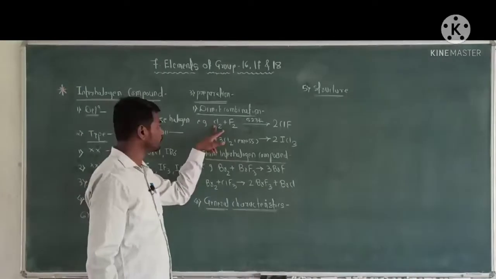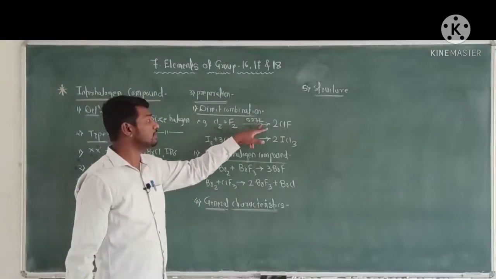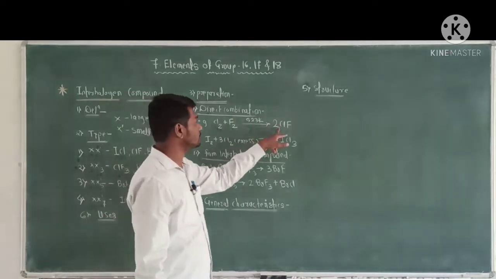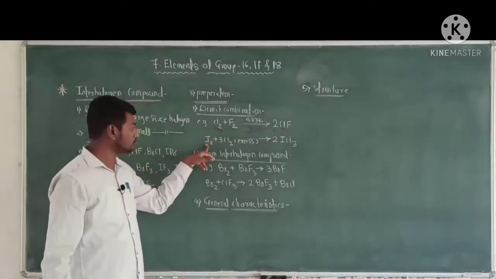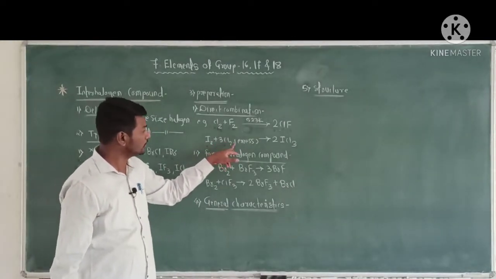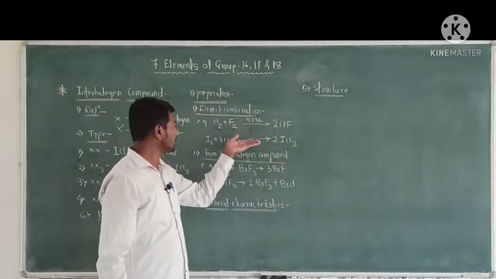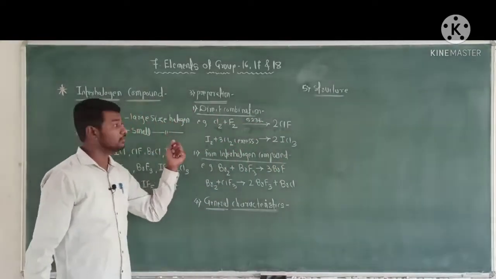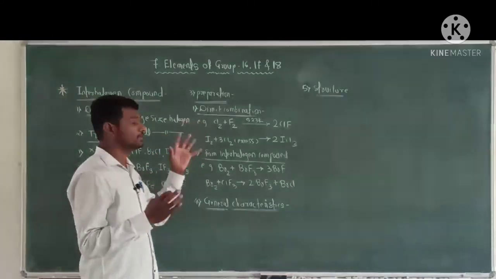For example, chlorine reacts with fluorine at a temperature of 523 Kelvin to form two molecules of ClF. Another example, iodine, I2, reacts with excess chlorine to form two molecules of ICl3. This is the direct combination method.